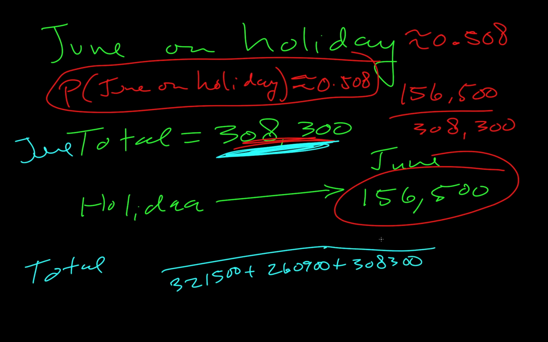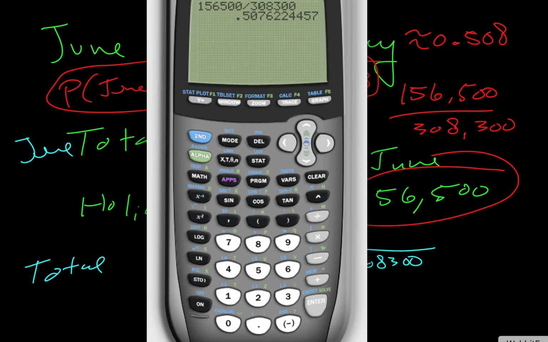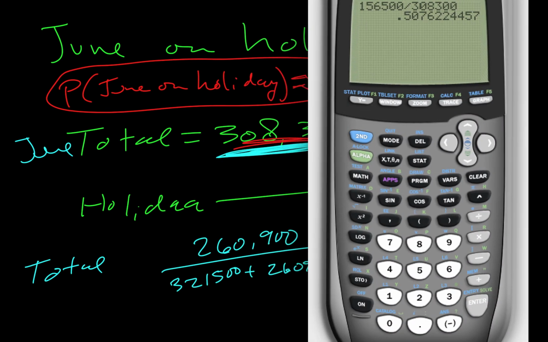And we'll do that on a calculator. And then we want to know just what percent, or the probability that someone visits in May. And so the total people who visited in May are that number. So go to our calculator.